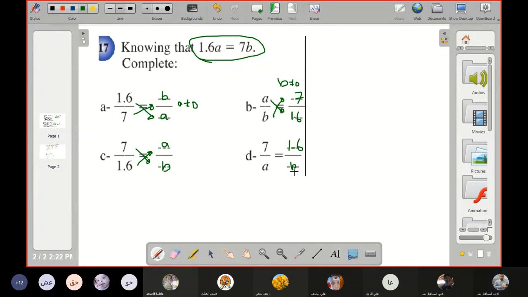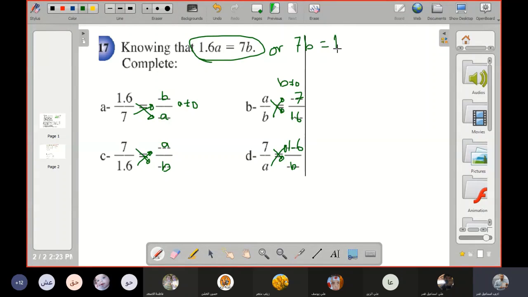After doing cross multiplication, we should get 1.6A equal to 7B or 7B equal 1.6A. It doesn't differ. It doesn't differ if we put 7B equal 1.6A or 1.6A equal 7B. It's the same.